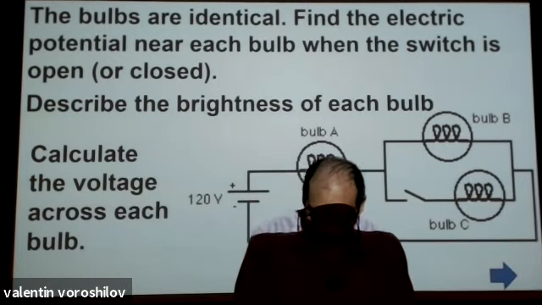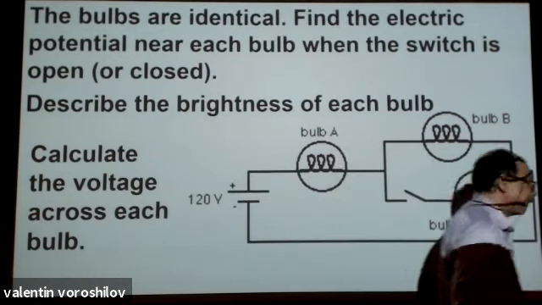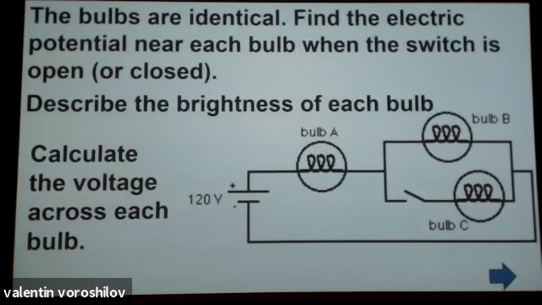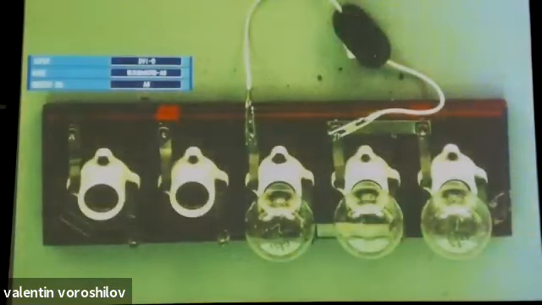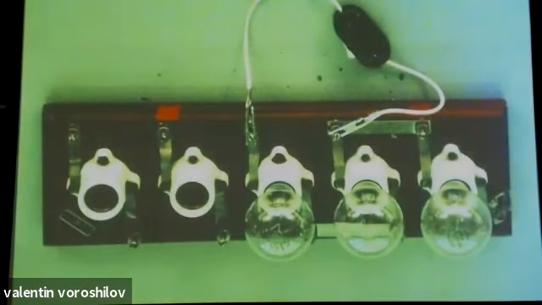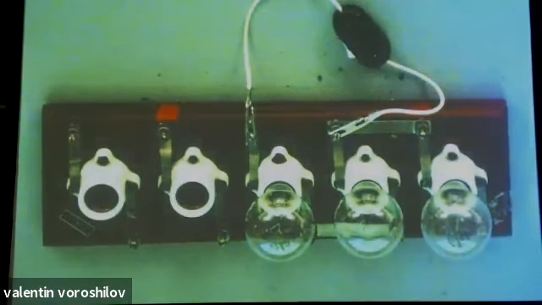So I have here 3 bulbs. At first, I will connect only 2.